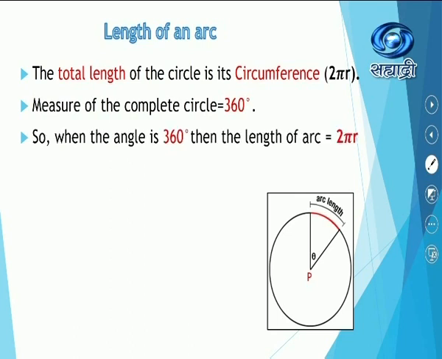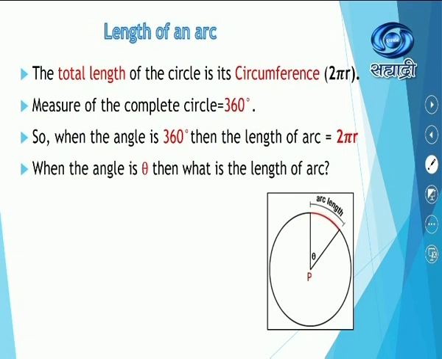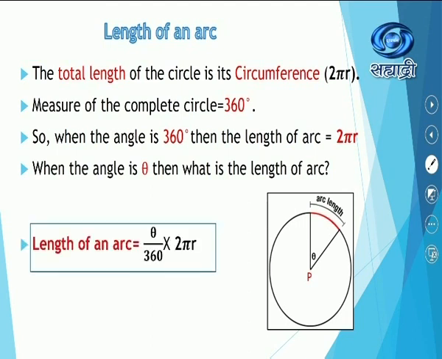So, when the angle is 360 degrees, then the length of the arc is 2 pi r. When the angle is theta, then what will be the length of the arc? You can cross multiply and get the answer. So, length of the arc is equal to theta upon 360 into 2 pi r.